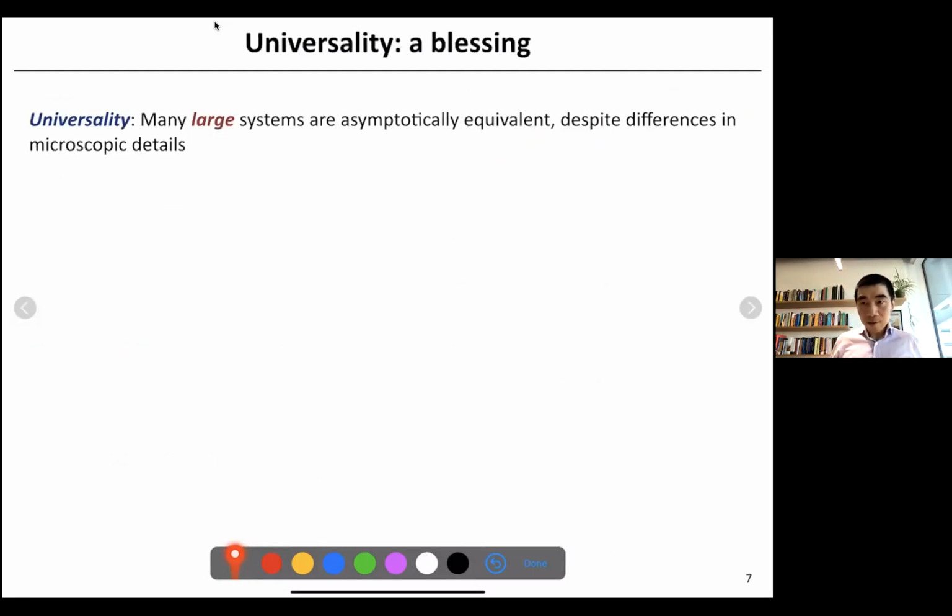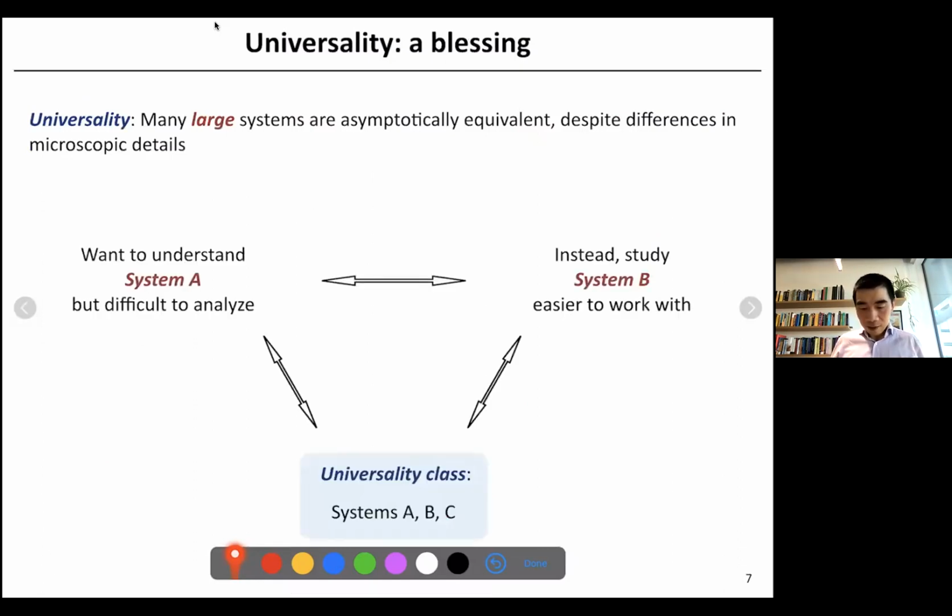Now, what I'm saying is universality is indeed a blessing in high dimensions. Why? Suppose we want to study a system, let's call it system A, from our problem, but for some reason we don't know how to analyze A, potentially because we don't have the right mathematical tool.